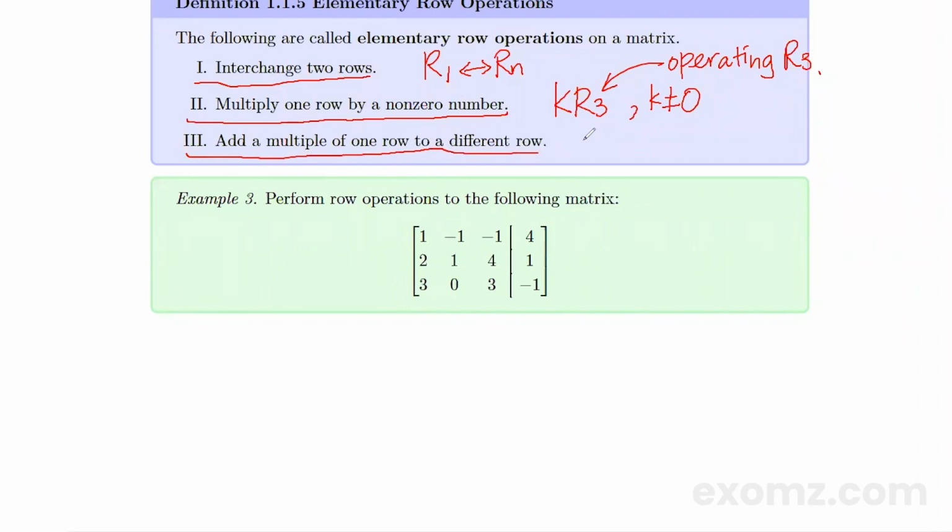That means that, say for example, if I'm operating on row 3 again, I can add or subtract, because subtraction is just another form of addition, right? So I can add or subtract another row to row 3 when I'm operating on row 3 again.